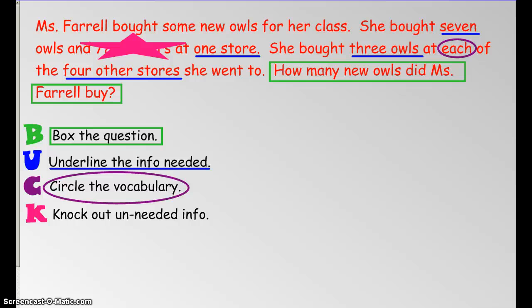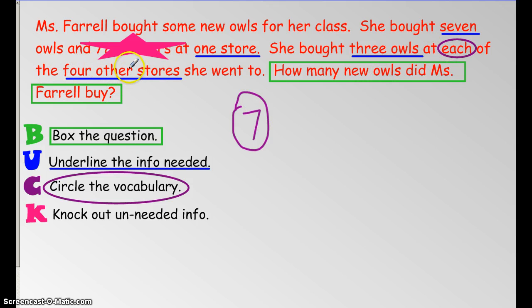Okay, it is now time for us to solve our problem. Okay, I love drawing pictures. So what am I going to do? It says she bought 7 owls at one store. So here's my one store, and I know that she bought 7 owls. Then it says she bought 3 owls at each of the 4 other stores.